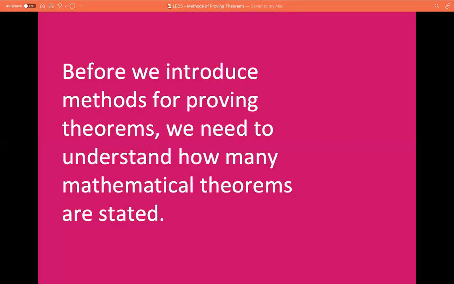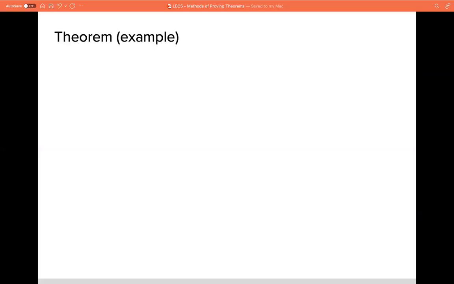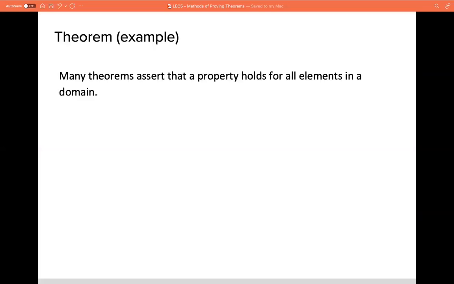Before we introduce methods for proving theorems, we need to understand how mathematical theorems are stated. Many theorems assert that a property holds for all elements in a domain, in other words a universal generalization, such as the integers or the real numbers. Although the precise statement of such theorems needs to include a universal quantifier, it is a standard convention in mathematics to omit it.